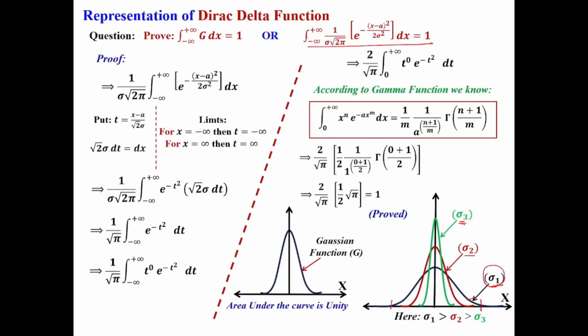However, if I consider the integration over all space, minus infinity to plus infinity, for the green one we get 1, for the red also 1, and for the black also 1. But as we increase this sigma value, the Gaussian function spreads over the region. So just keep this in your mind. Here we proved that the Dirac delta function can be represented by a Gaussian function.